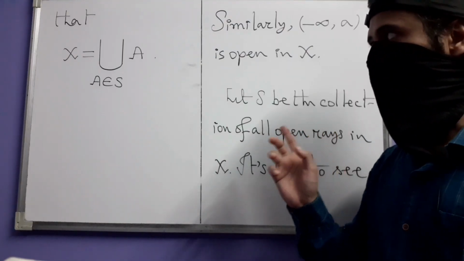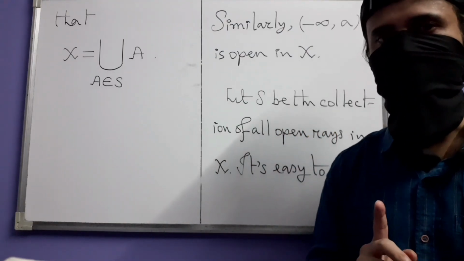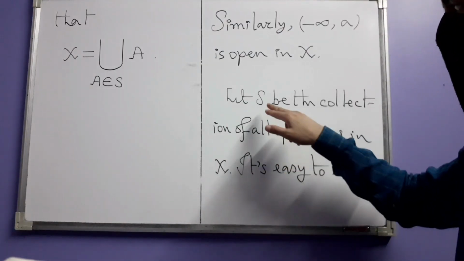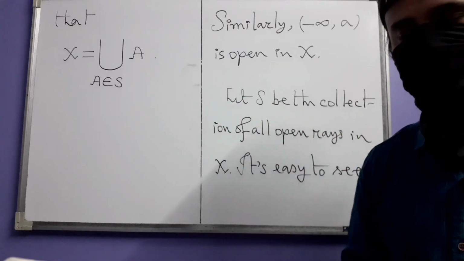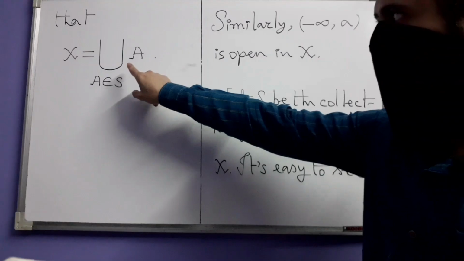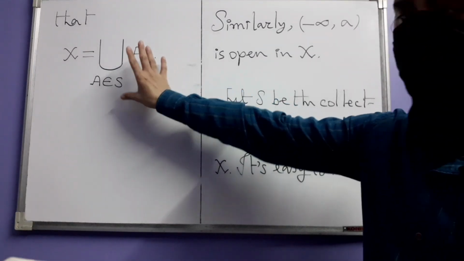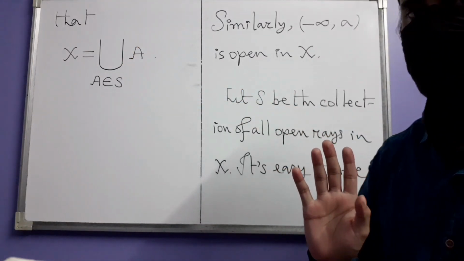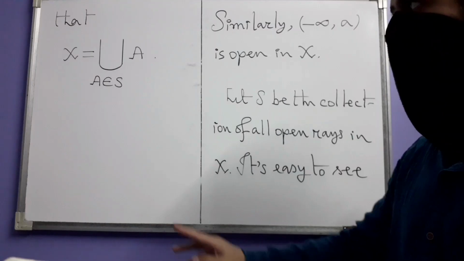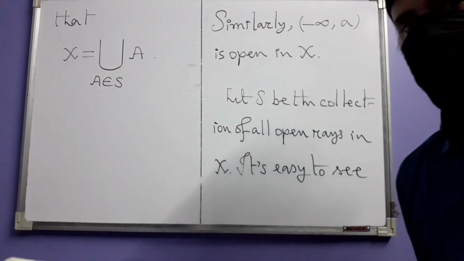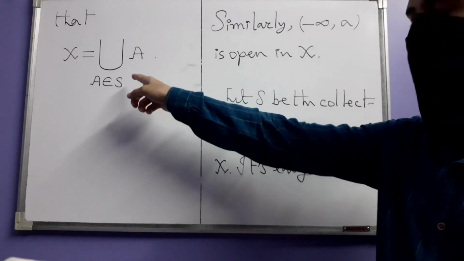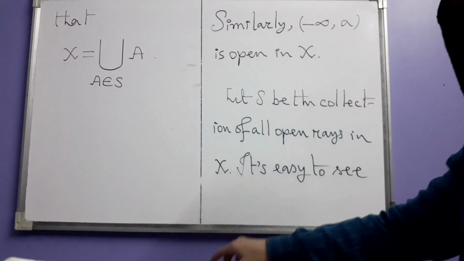We, however, do not just want some topology. We are claiming that S is a sub-basis for the order topology on X. I leave the verification of this to you. You go through all the details of showing that this is equal to this. One containment is obvious.